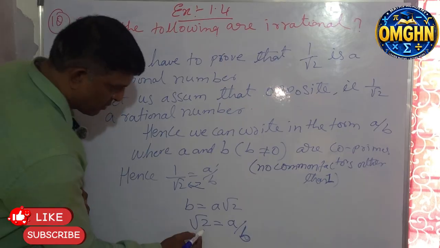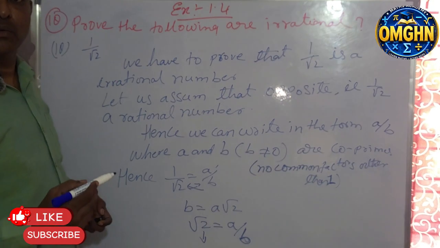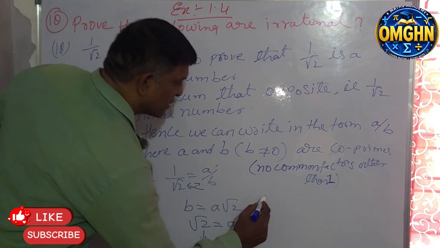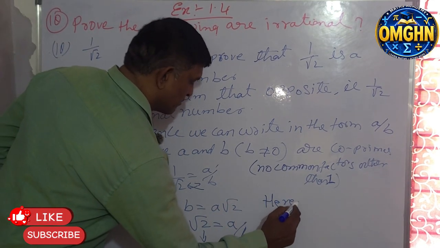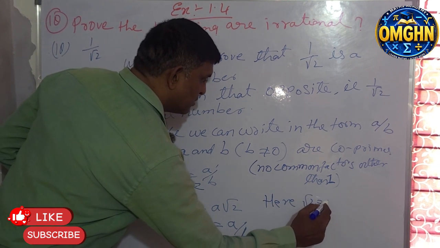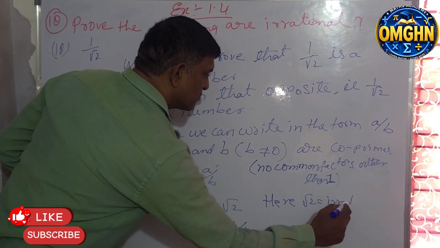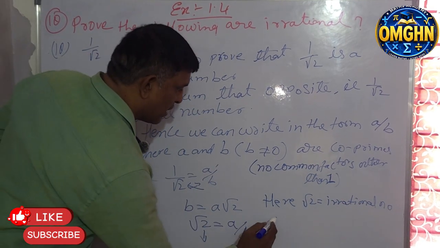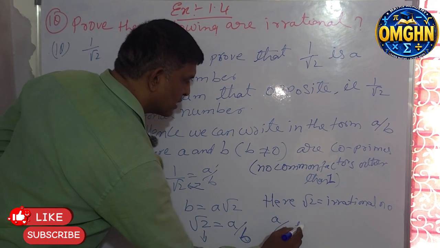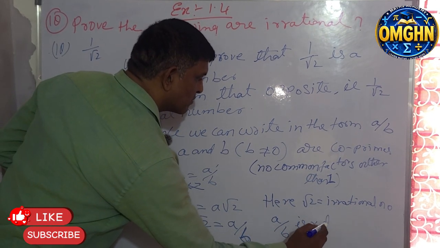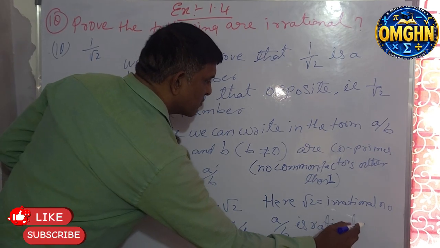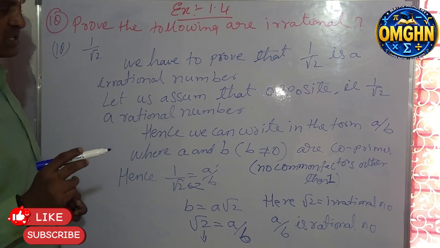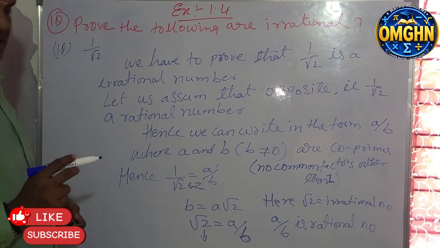Okay, here root 2 is an irrational number. Here root 2 is equal to an irrational number, a by b is a rational number.